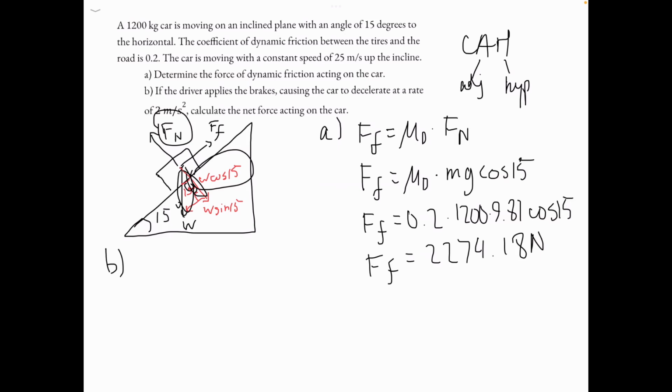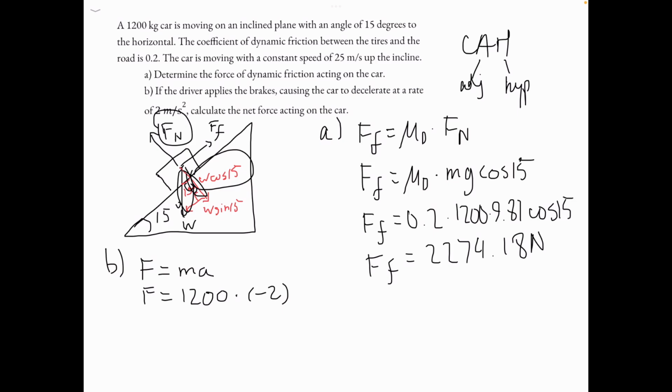Now, part B, if the driver applies brakes, causing the car to decelerate at a rate of 2 meters per second squared, calculate the net force acting on the car. Now, we know that the net force is F is equal to ma, and it gives us the value of the acceleration, which is negative since it's decelerating, so the net force would be equal to 1,200 times -2.